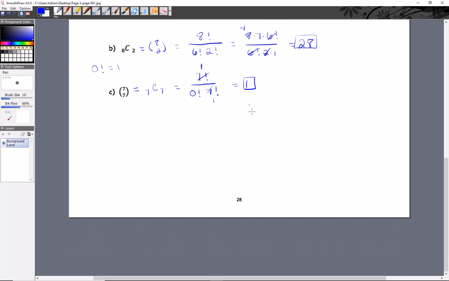Okay? All right, but what I want to do here now is maybe to help you out a little bit with some linkage. This is a little extra. I want to kind of show you how you link all of this to Pascal's triangle.